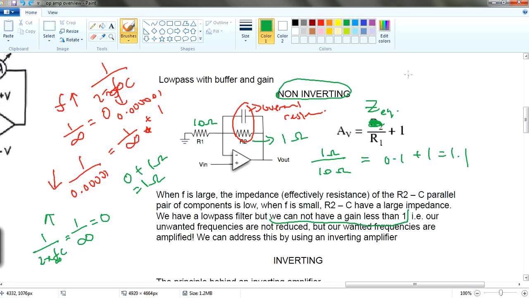Okay, so what do you mean? So our wanted frequencies, let's say this is the frequency, this is the magnitude, right? So if you know that this is a low pass filter, right? So the other frequencies are all the high frequencies, right? So they are not reduced, they are just filtered out only. And then the other frequencies are all amplified, right? Whatever that is before the cutoff frequency.